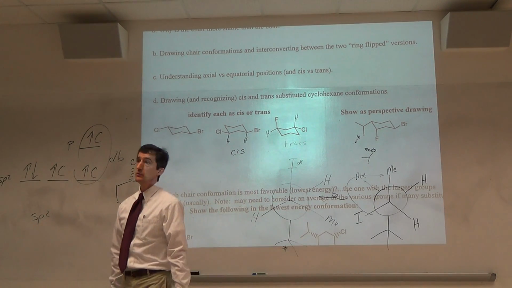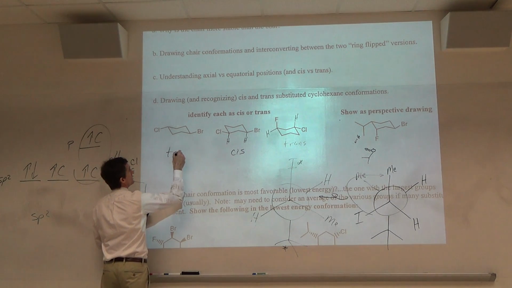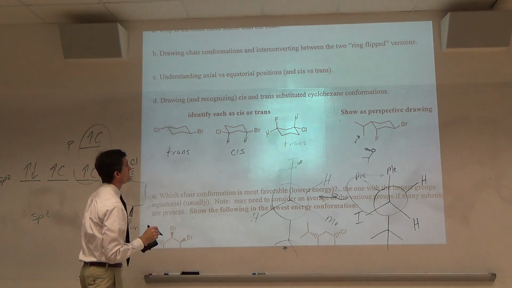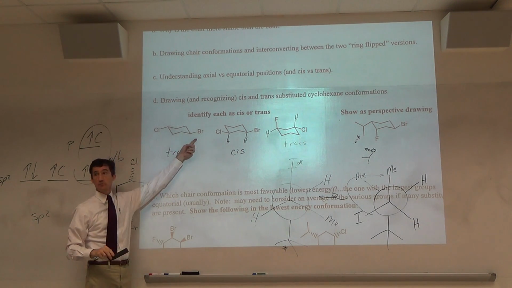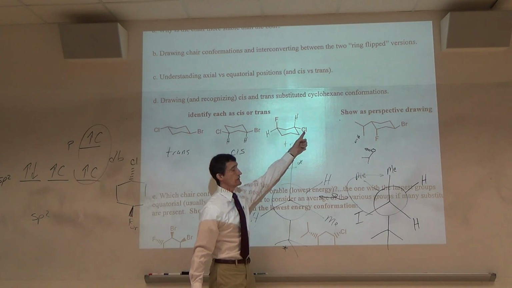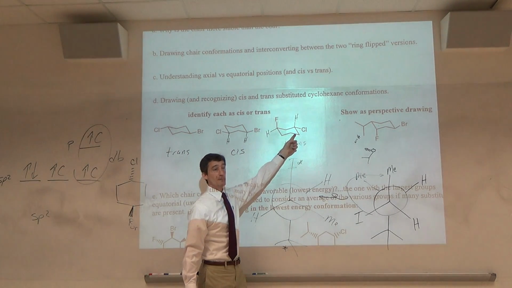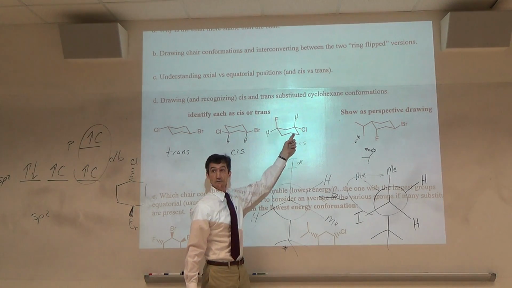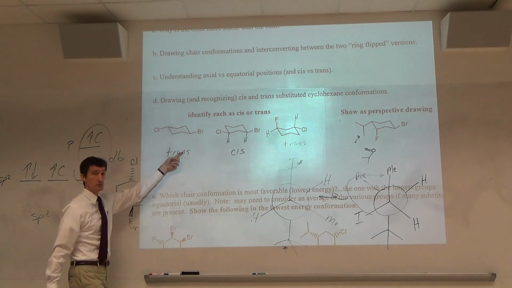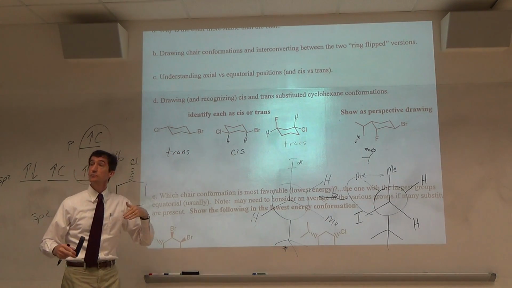It has nothing to do with both. What was this one over here? Trans. Well, over here they're both equatorial. Over here, one's axial, one's equatorial. So if you follow the trap of saying, well, that's axial and equatorial, they're opposite, trans, then you see over here they're both equatorial. So is that cis? No, it has nothing to do with that. It has to do with whether up or down.